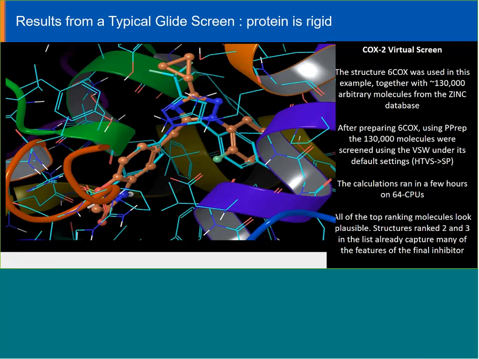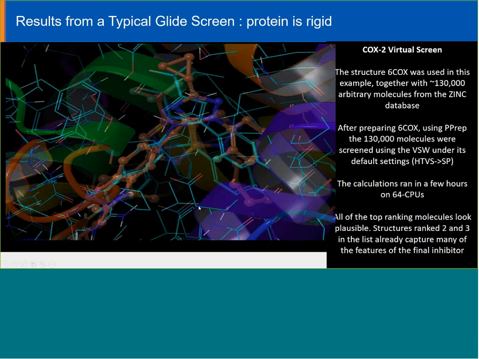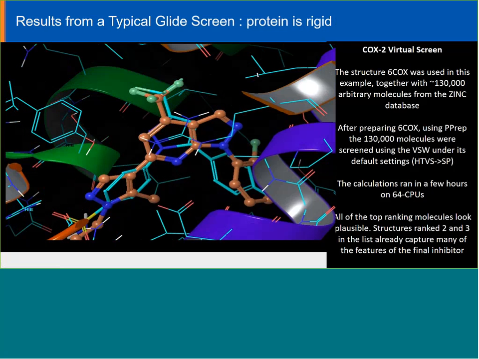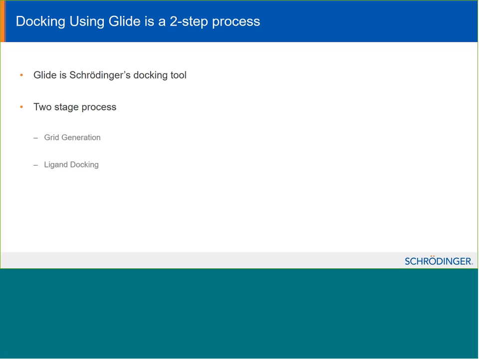So this is an example of docking more than 100,000 molecules into the COX-2 receptor, and we used a particular type of workflow to achieve this, but the standard precision docking is what you see here. But what you will notice is that the protein is always static in these images.